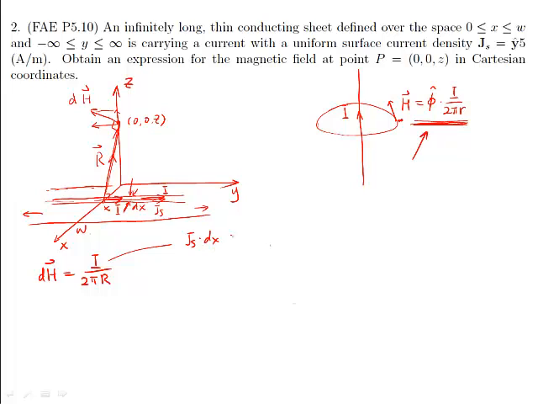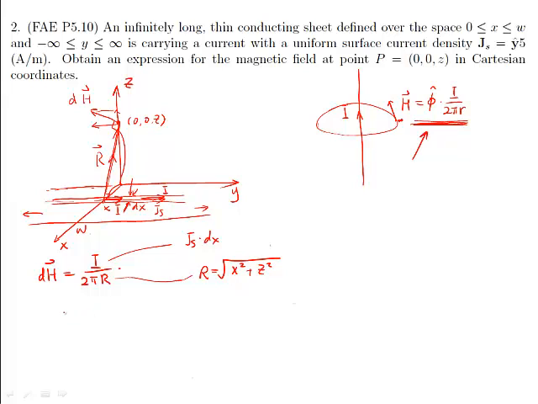So if you multiply the two, it gives you the total current. And then r, in this case, is given by the square root of this length squared plus this length squared. So that's the square root of x squared plus z squared.